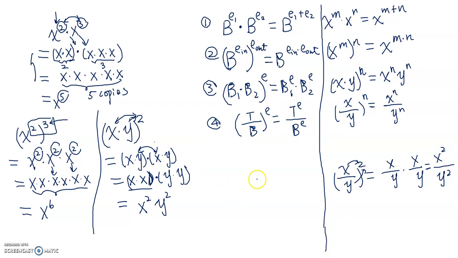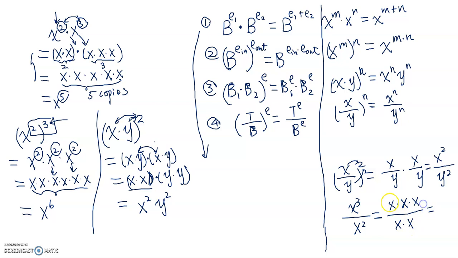The last formula we're going to have is a similar version to number 1. Instead of having multiplication, we're going to have a division. So what if we want to do x cubed divided by x squared instead of multiplying them? By the definition, we know x cubed means multiplying 3 copies of x. x squared means multiplying 2 copies of x.